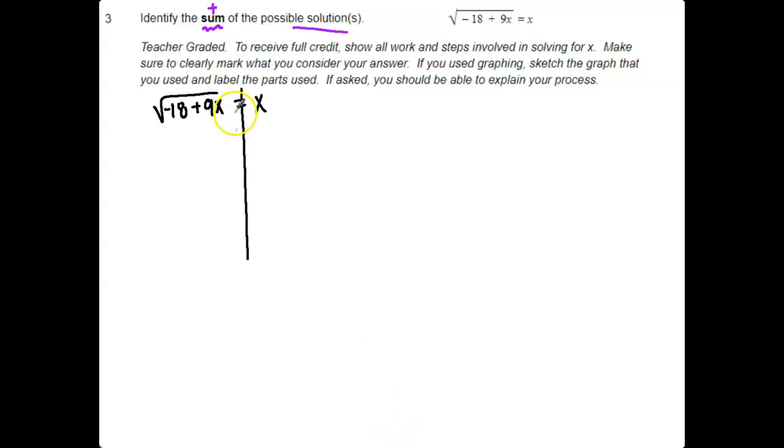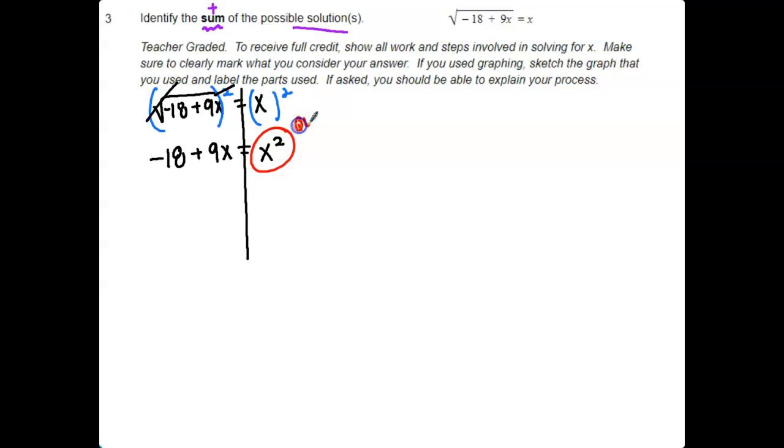Again, we're checking to see if our radical is by itself. It is, so we can square both sides. The radical and the exponent go away because they match. x squared is just x squared. Ooh, now we should hopefully notice that we have an x squared here.